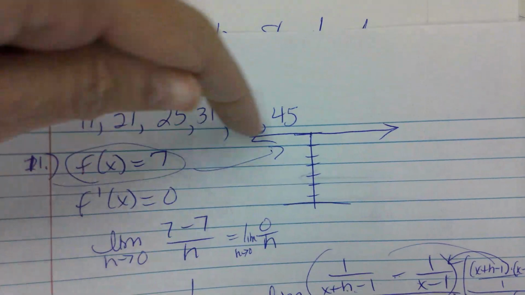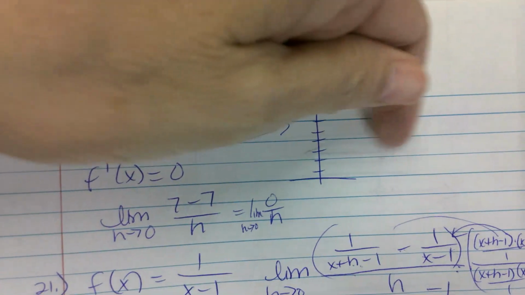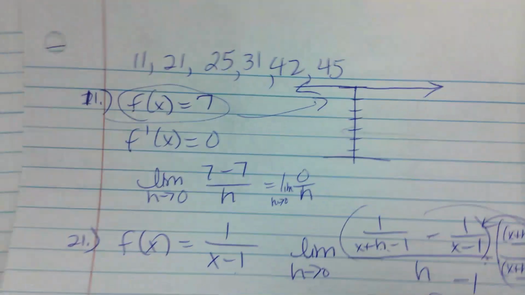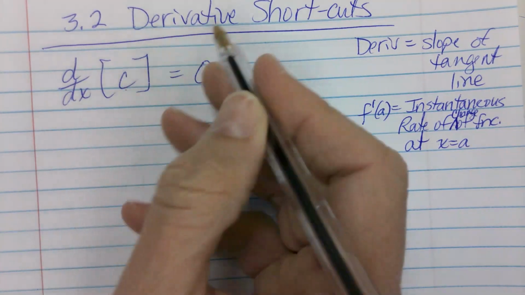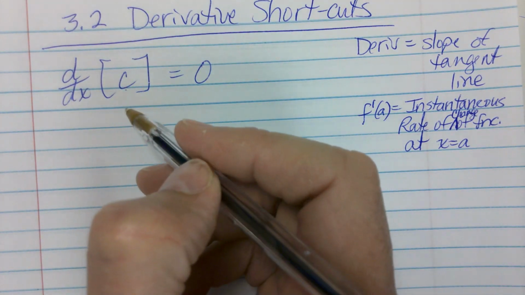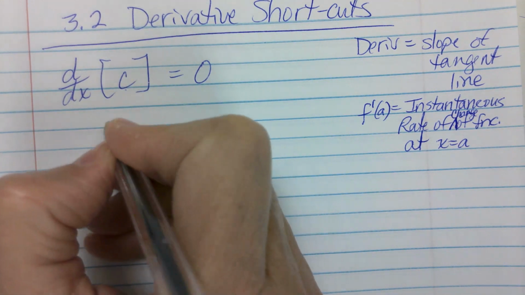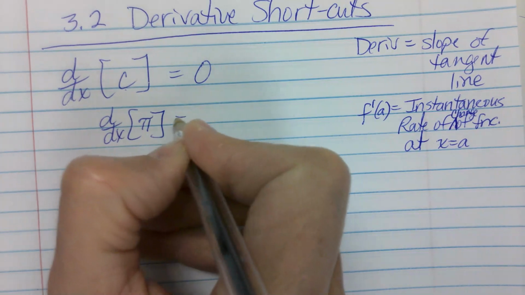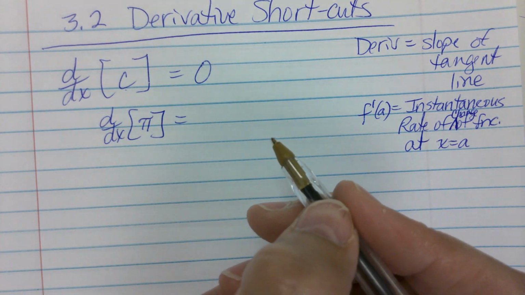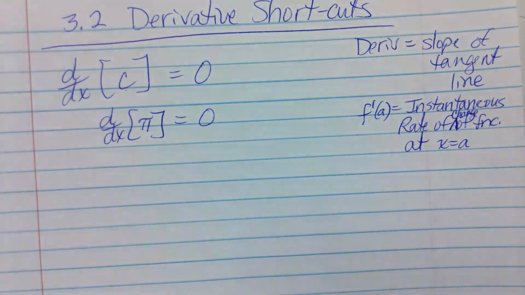We showed that the slope of every point on a flat line is 0, right? So the derivative, this is a shortcut. If you ever see a constant, like 10, or what's the derivative with respect to x of pi? 0. Pi is just a number, right?